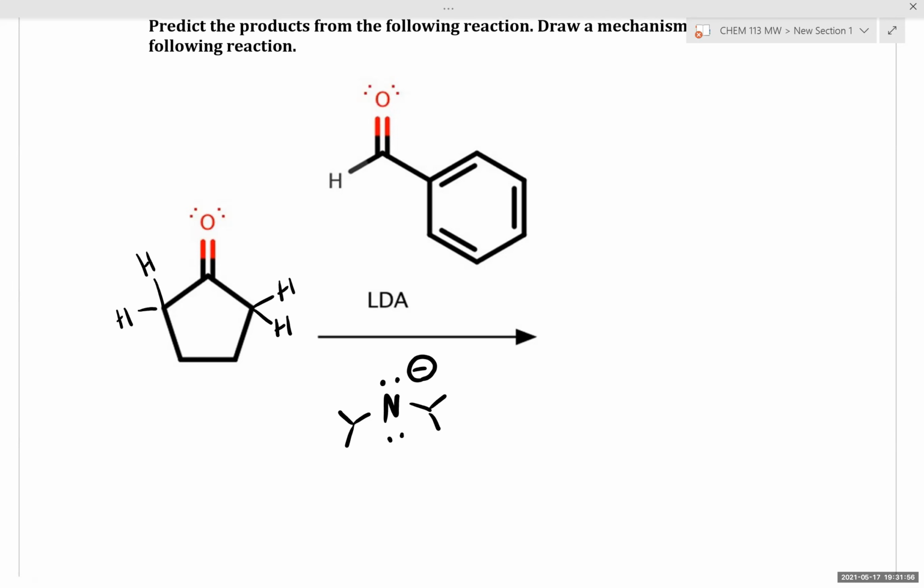So, with this context in mind, let's try to predict the product from the following aldol reaction, and then let's try to draw a mechanism for this reaction.